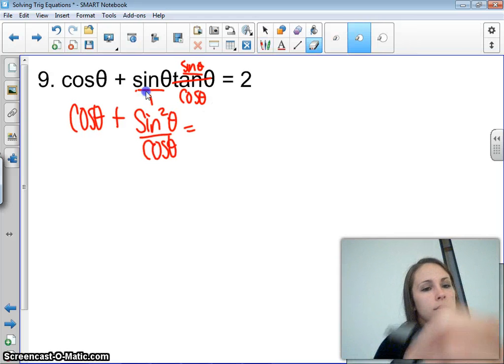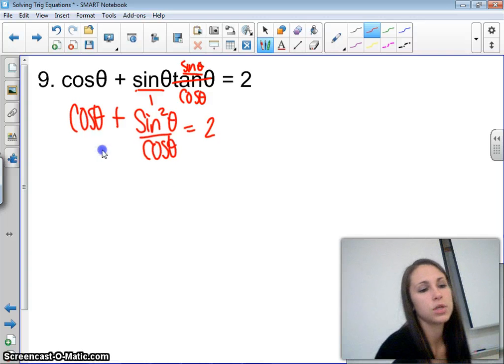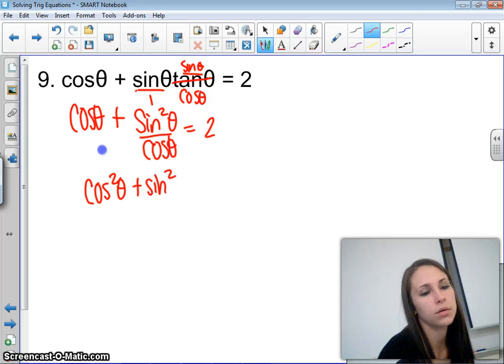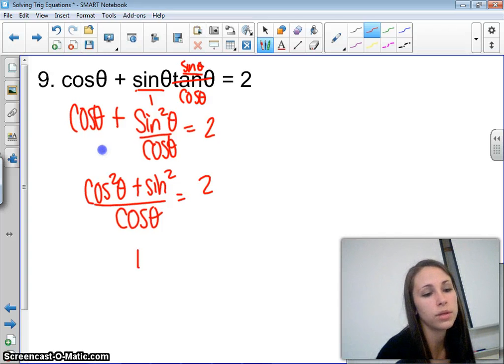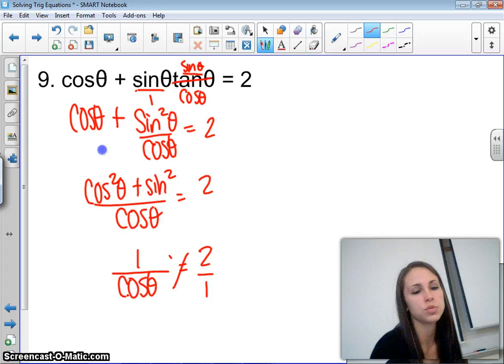Alright, so now I can get a common denominator. And so this is going to be cosine squared plus sine squared over cosine when I get that common denominator. And so then cosine squared plus sine squared is just 1. That's from the Pythagorean identity. So I've got 1 over cosine equals 2. I'm going to put that over 1 and cross multiply.